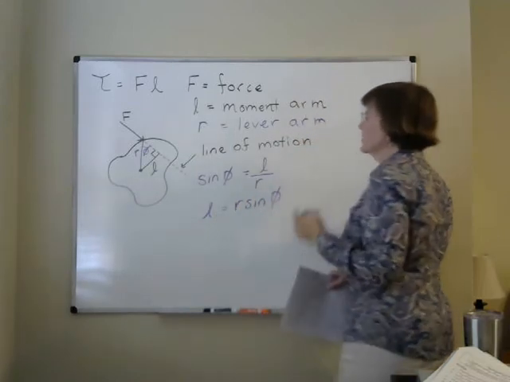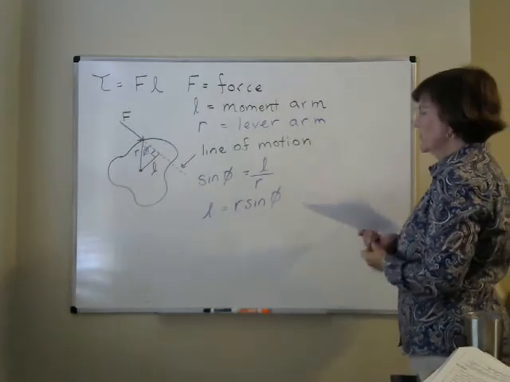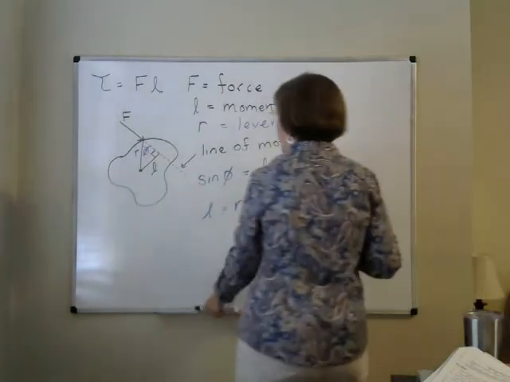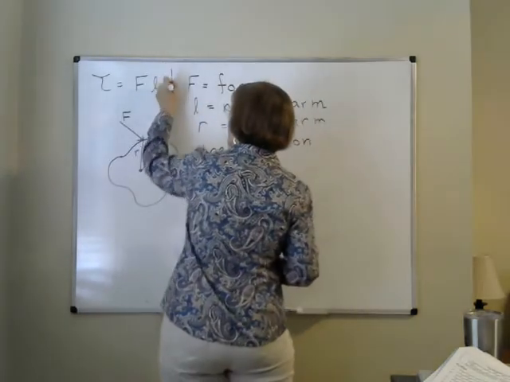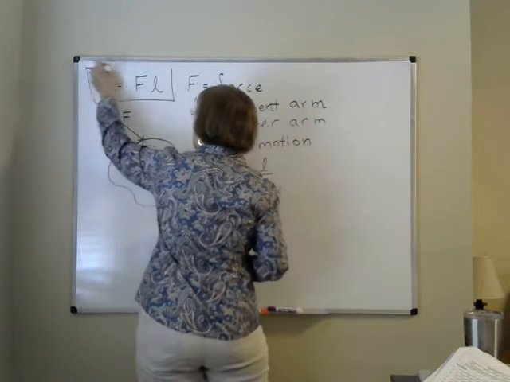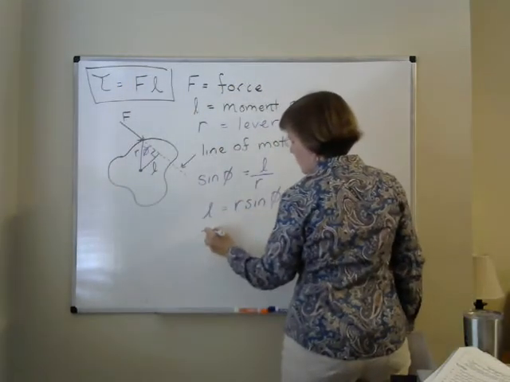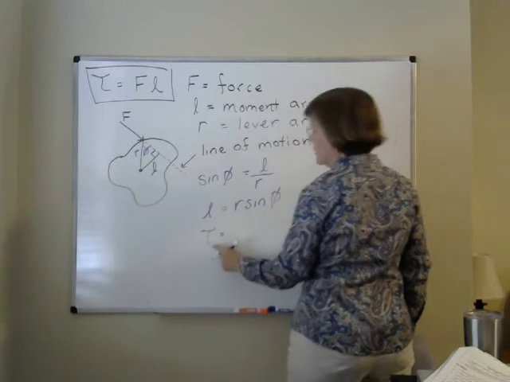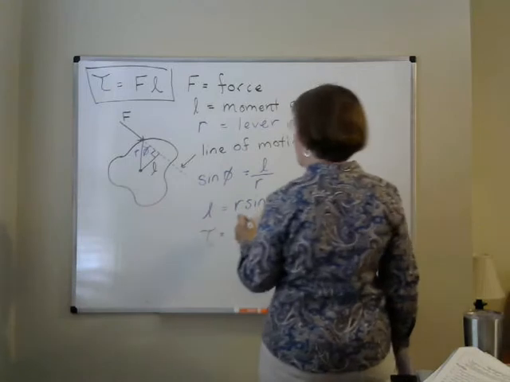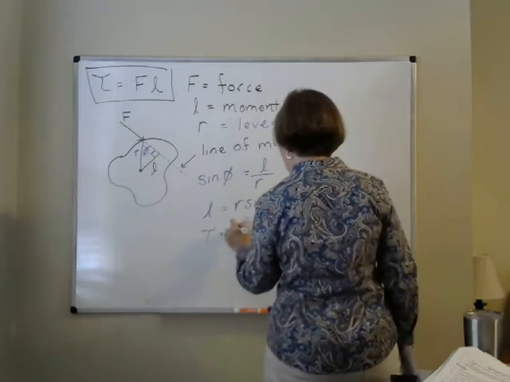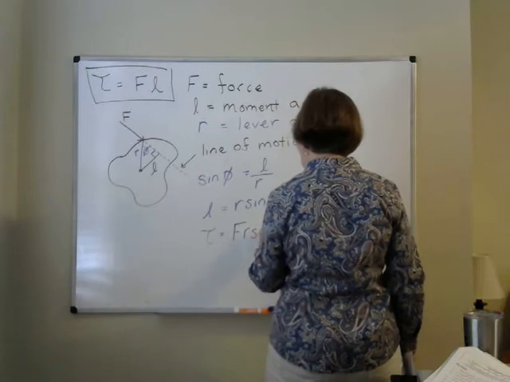This brings us to another formula, and probably one that we will use even more than this. So if this is our definition for torque, that can also be written as torque. Notice this is a Greek letter tau, that's why it's kind of a curvy looking T, is equal to F R sine phi.